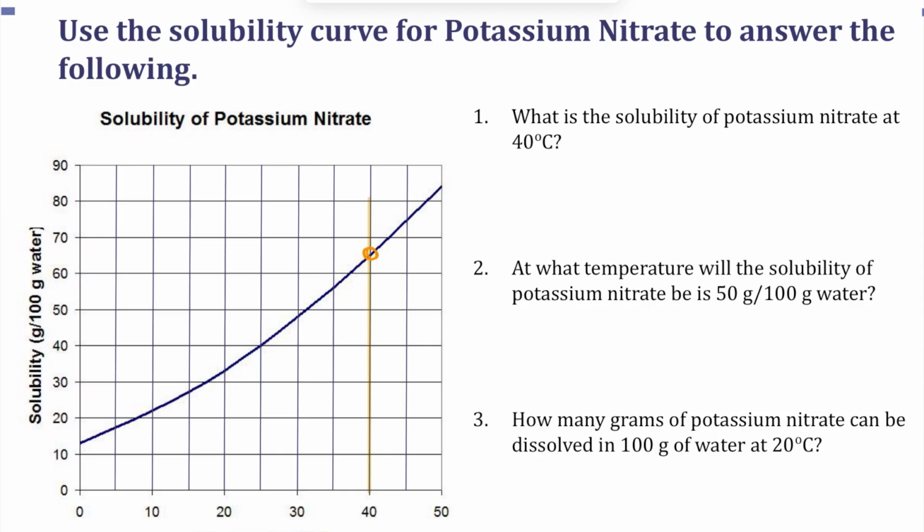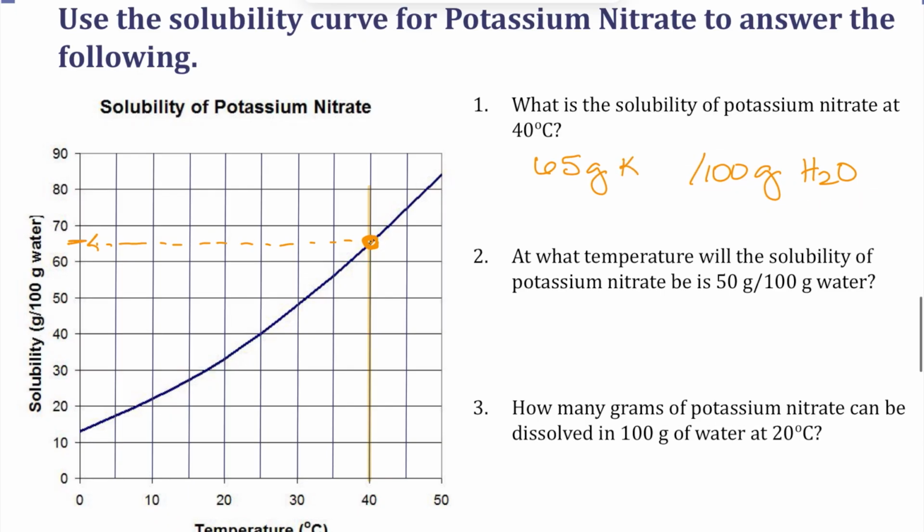That's where my graph is intersecting, and now I can look over to my solubility axis and see that it is about 65, and our units would be grams per 100 grams of water. That is the solubility of potassium nitrate at 40 degrees Celsius. So 65 grams of potassium nitrate, KNO3, can be dissolved in 100 grams of water.